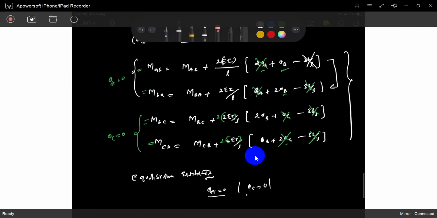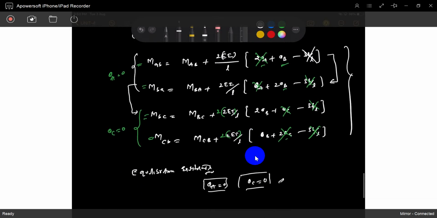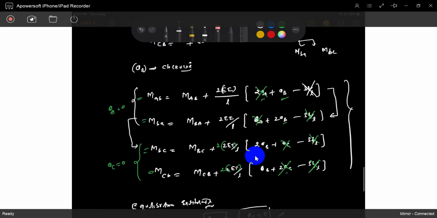We got two equilibrium equations, that's okay, but one extra equation is also required. What is that equation? I already said MBA and MBC are equal, because we find the moment at B only.